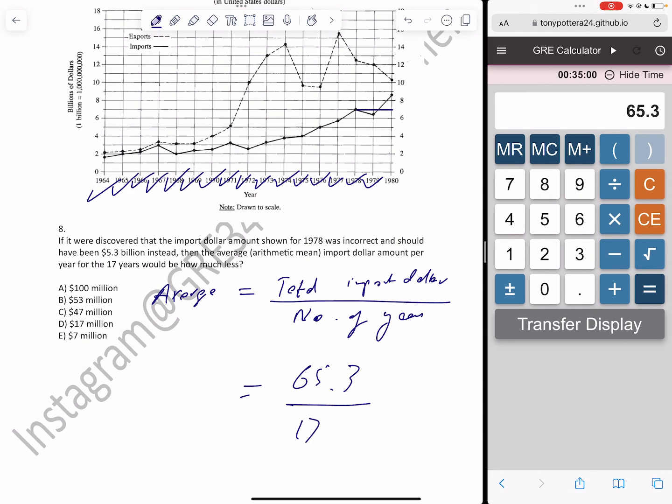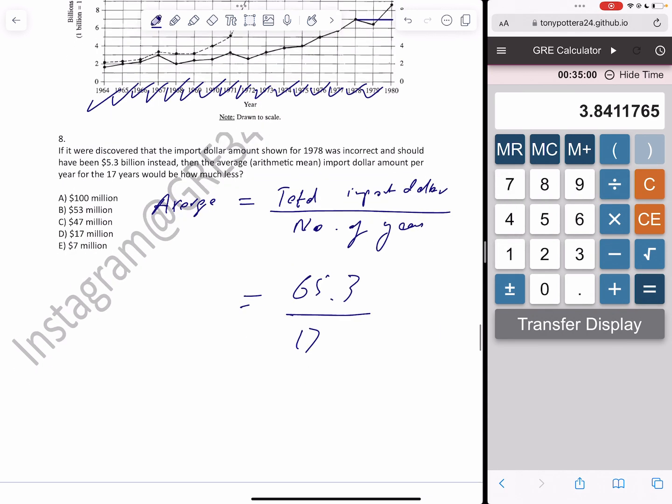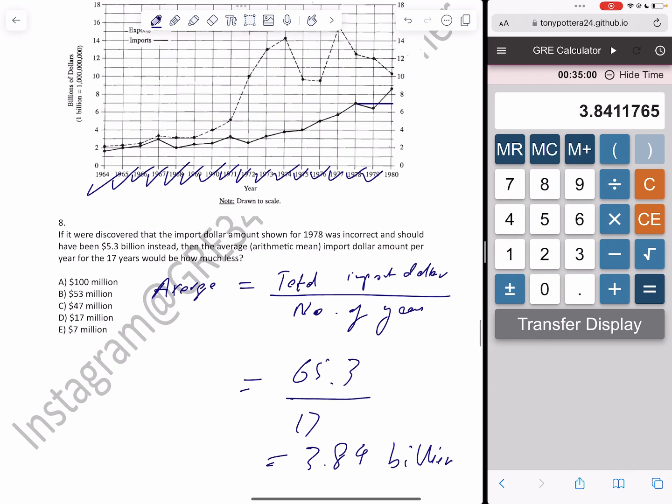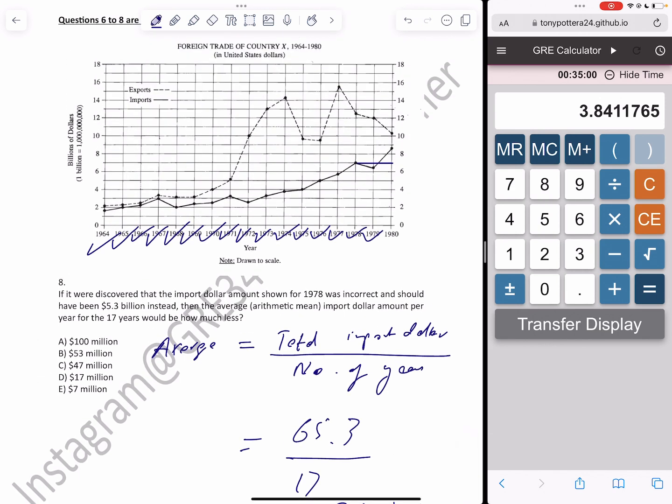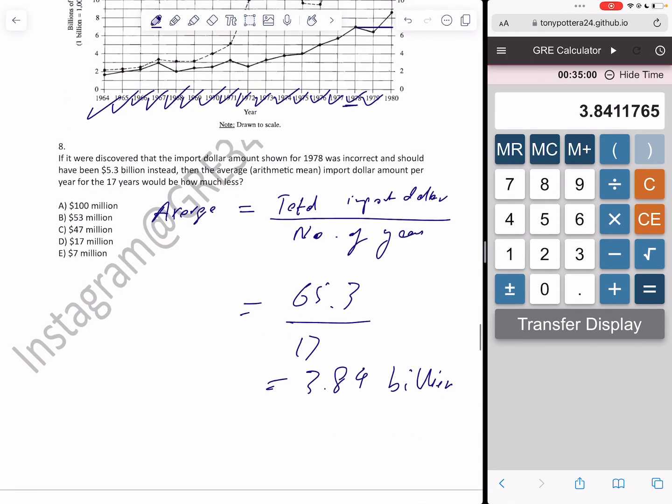Number of years is 17. Divided by 17, this comes out to be 3.84 billion. This is the old average using the incorrect value of 7 billion for the year 1978. But they've said that the dollar amount was incorrect and should have been 5.3.